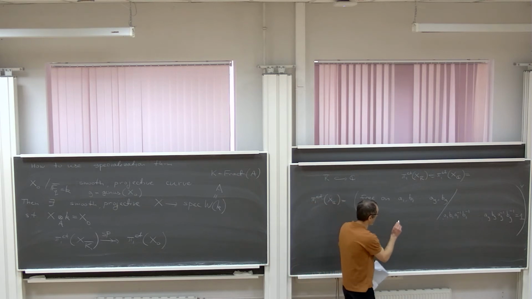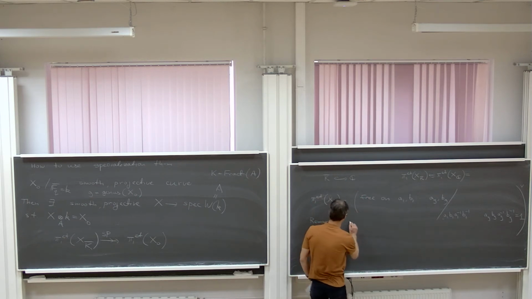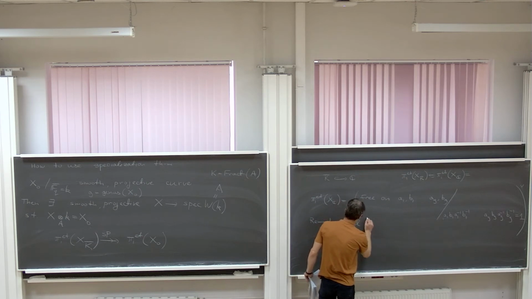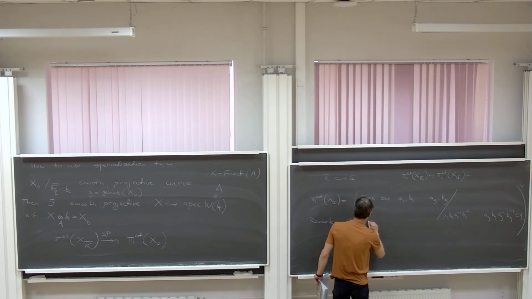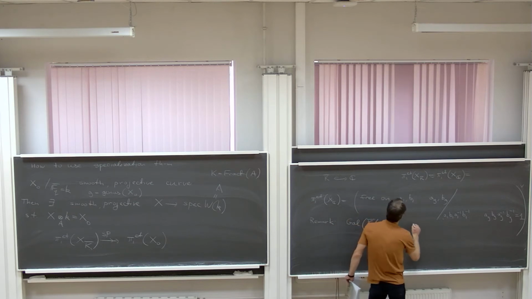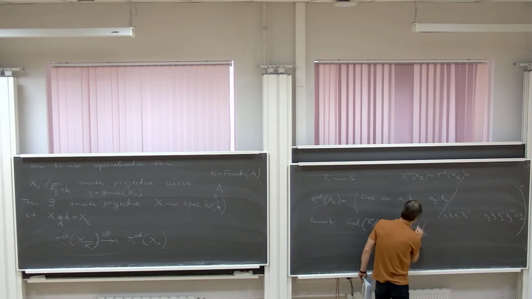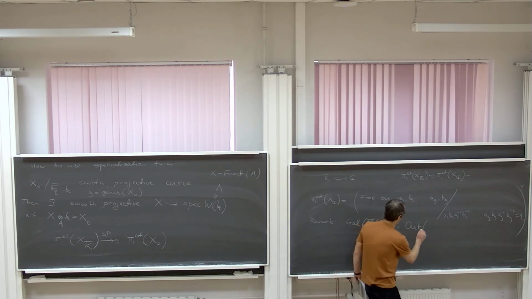So a remark is that the interesting additional structure this group has is an action of K bar over k by outer automorphisms of pi1.